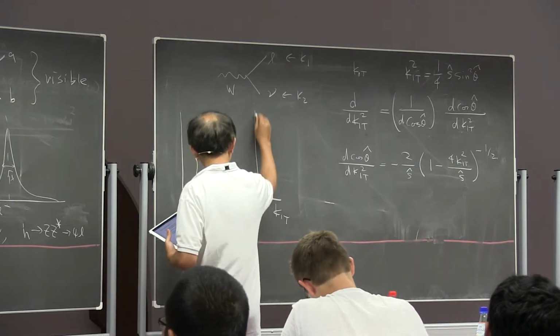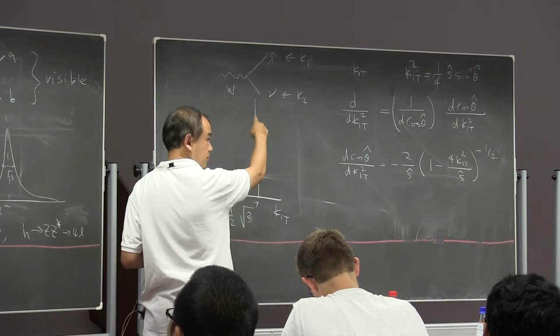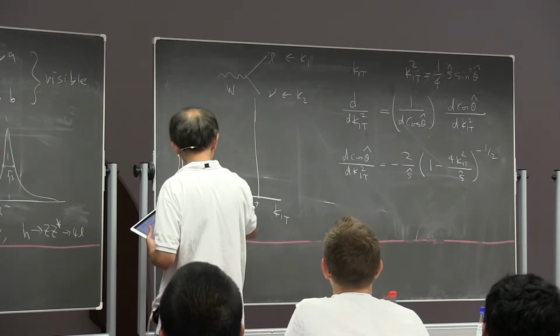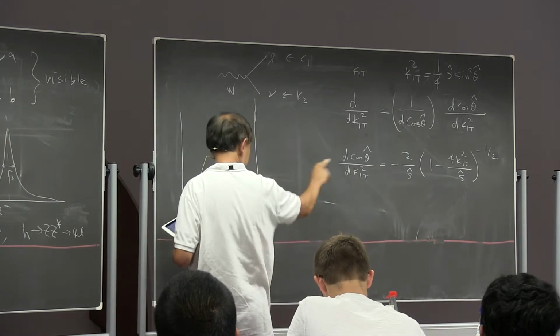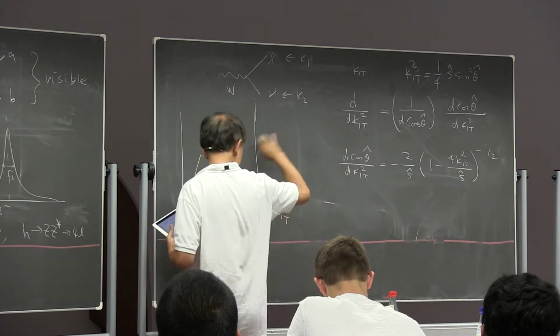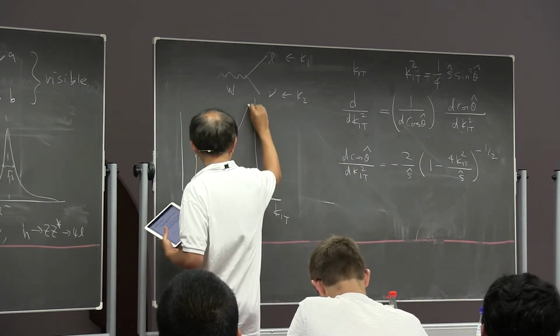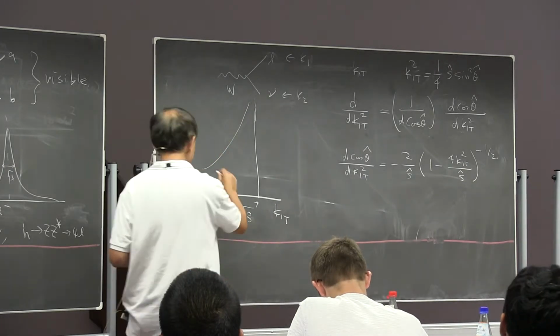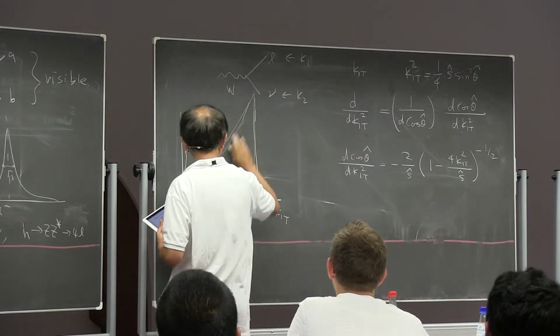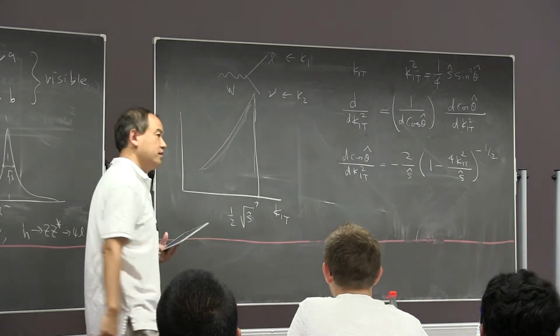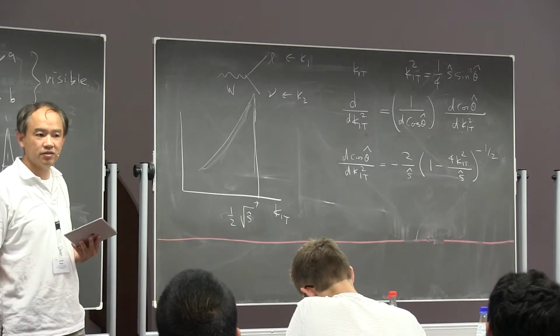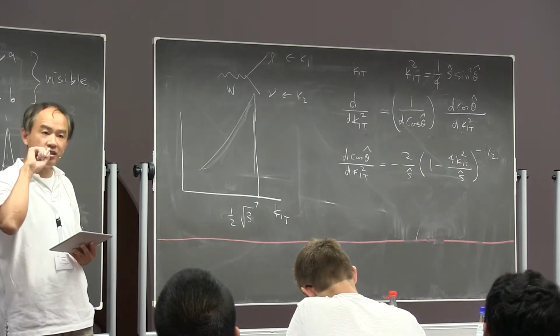Moreover, it almost diverges here, and it has this shape. It looks something like this. So this is also a fairly sharp feature.